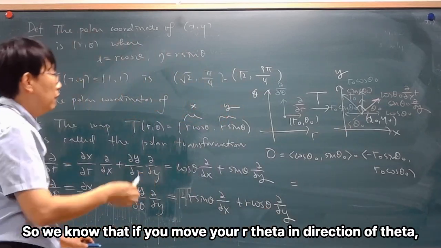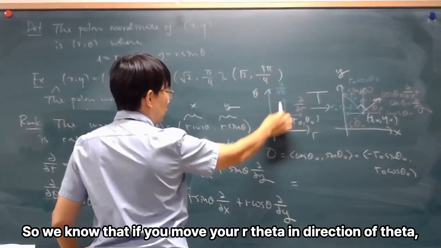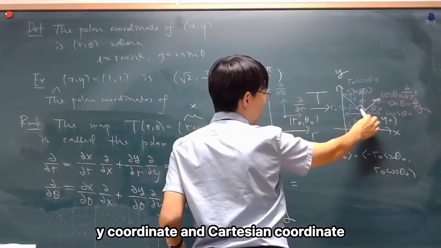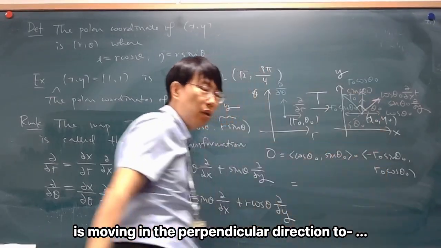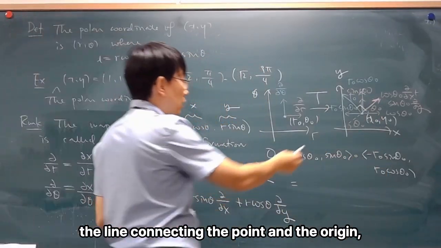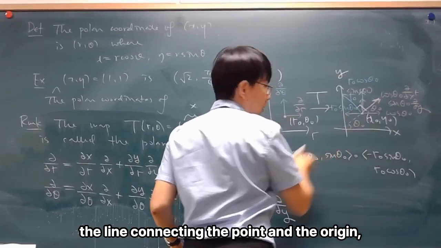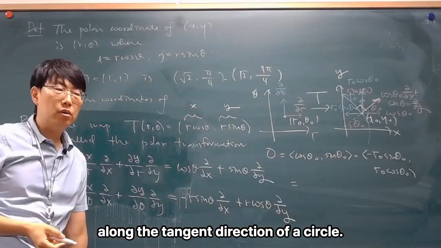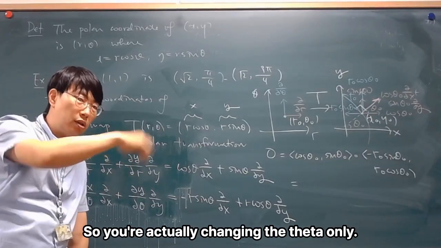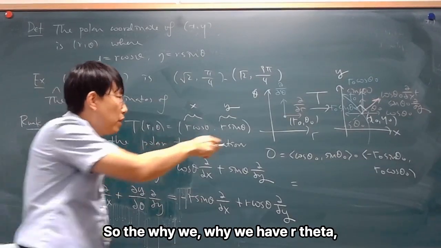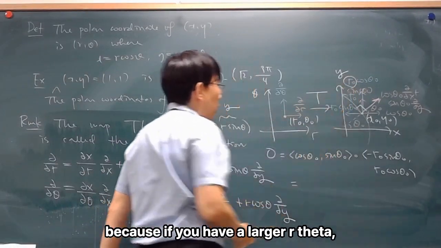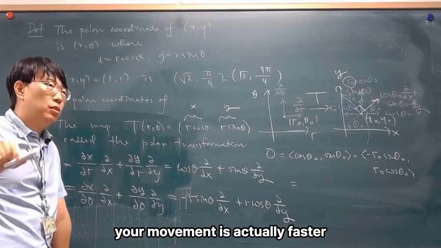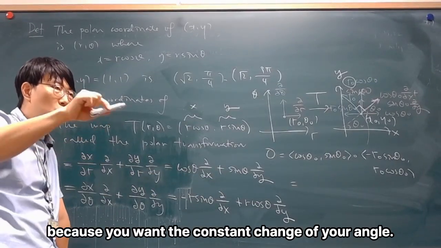So we know that if you move your r ∂/∂θ, in the direction of theta, your point in the xy coordinates, the Cartesian coordinates, is moving in a direction perpendicular to the line connecting the point and the origin. So it means that it's moving along the tangent direction of a circle. So you're actually changing the theta only. The reason we have r ∂/∂θ is that if you have a larger r, your movement is actually faster, because you want a constant change of your angle.